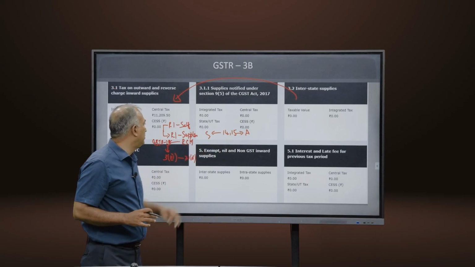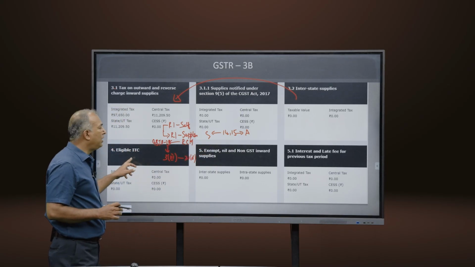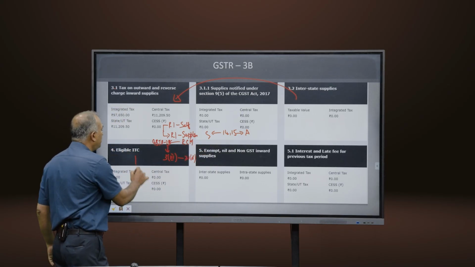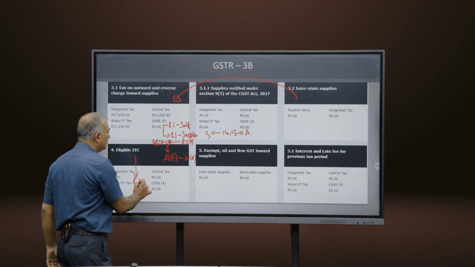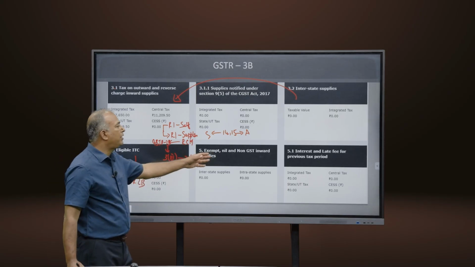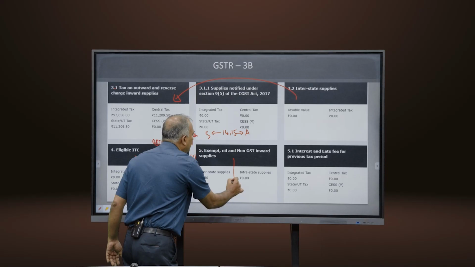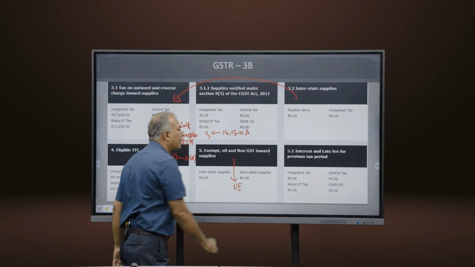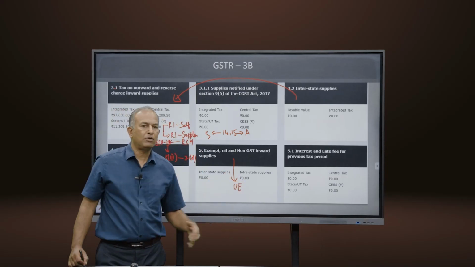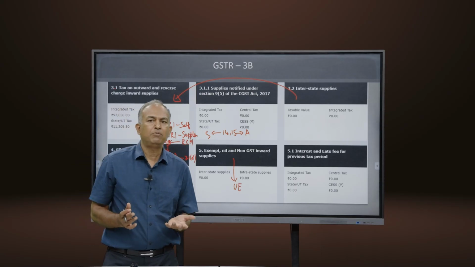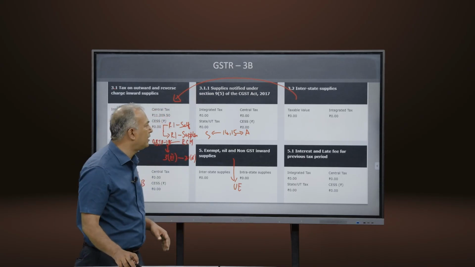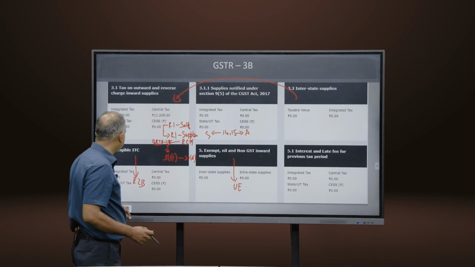That is what will be in 3.2. The eligible ITC, if you see here, this will come from the 2B. The exempt, nil rated, non-GST, this is the first user entry that comes in. Interest, based on whatever is the time limit within which the tax is paid, is calculated and auto-populates there.